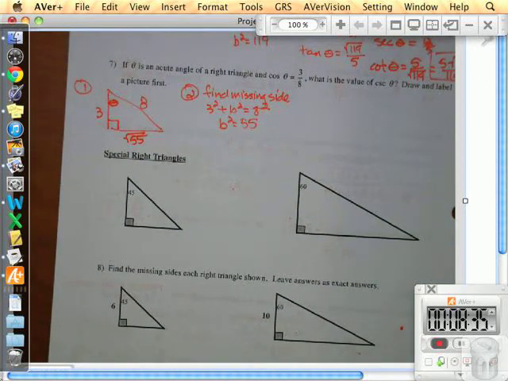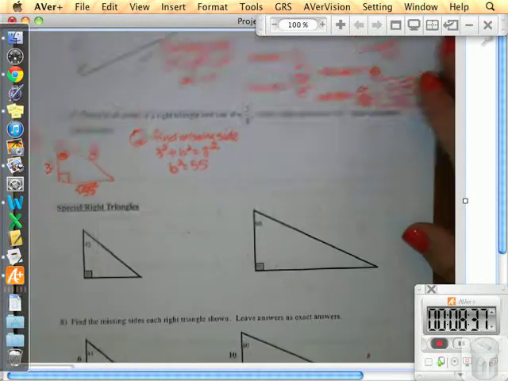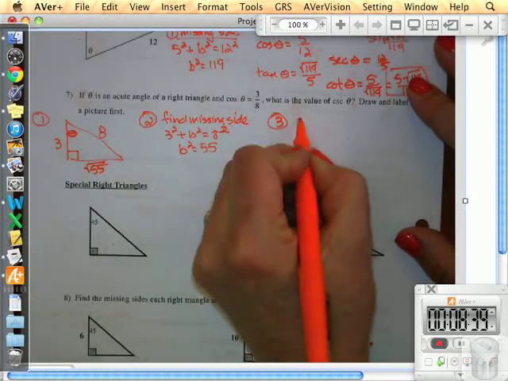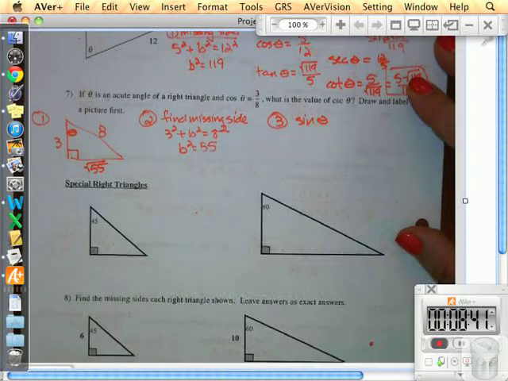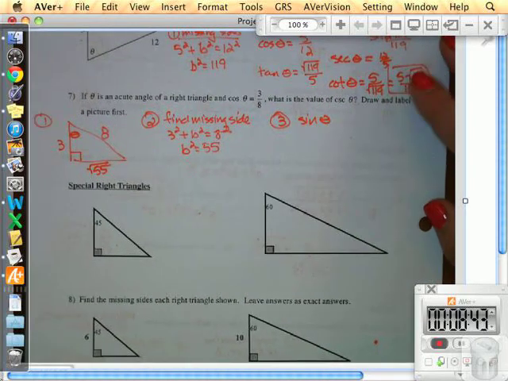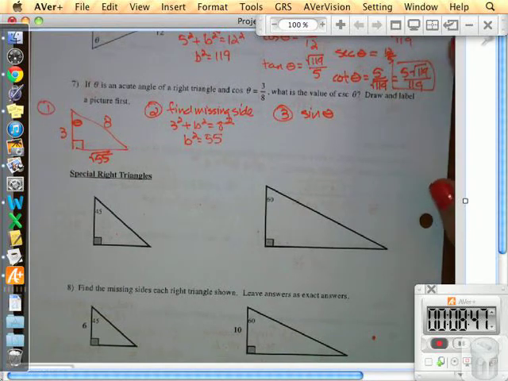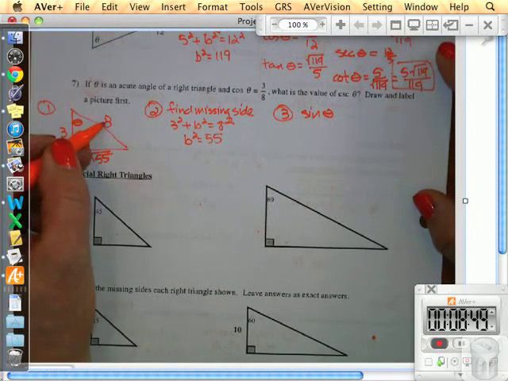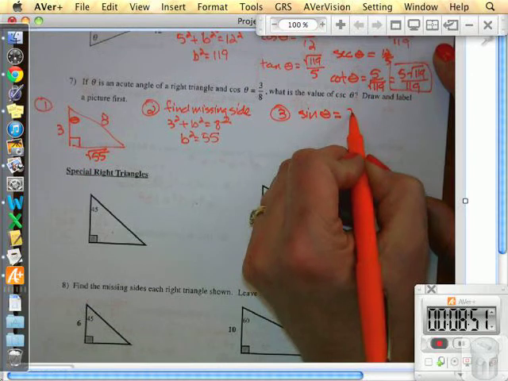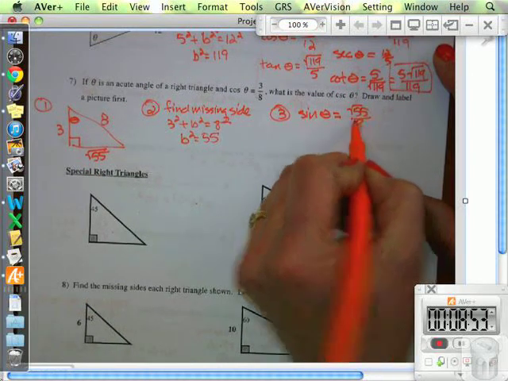Okay, now we can find the sine of theta, and then we can flip it to get the cosecant. Maybe you can do that without doing this step, but sine of theta would be opposite over hypotenuse, which is the square root of 55 over 8.